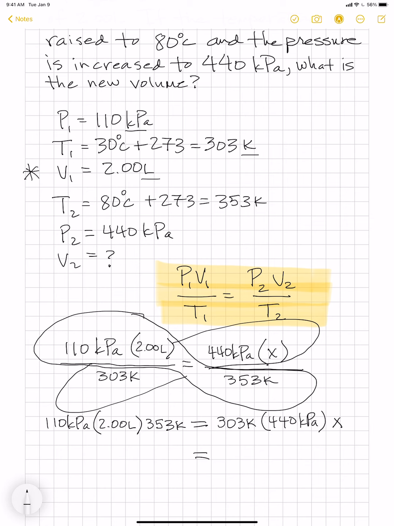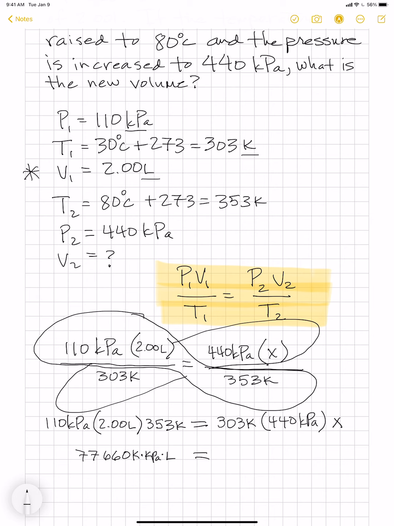So what I am seeing that we get is 77,660. Oh my gosh, look at these units. Kelvin times kilopascal times liters. Okay? Why do I have to write those down? Because nothing cancels, right? So the Kelvin remains, kilopascal remains, liters remain.